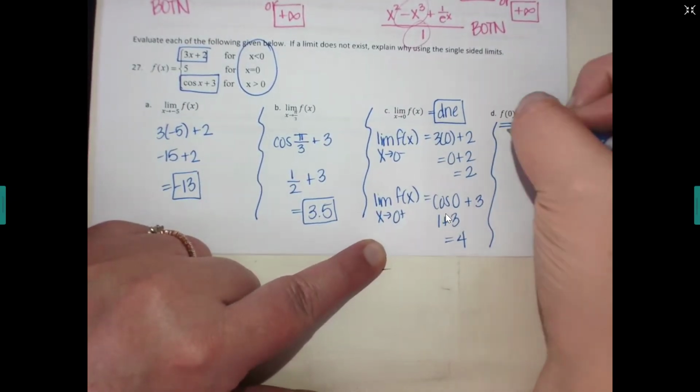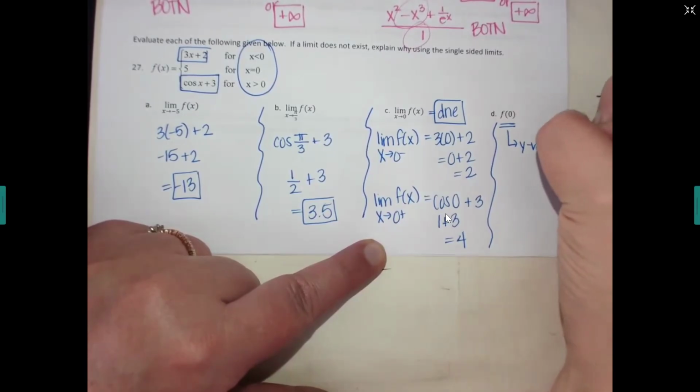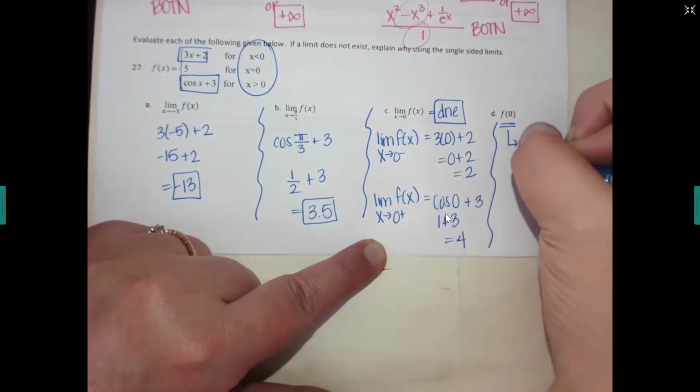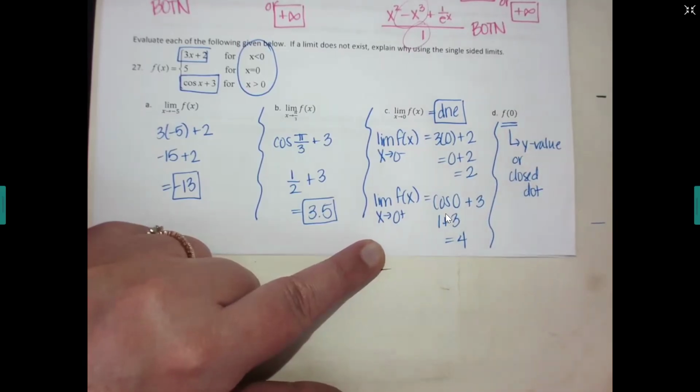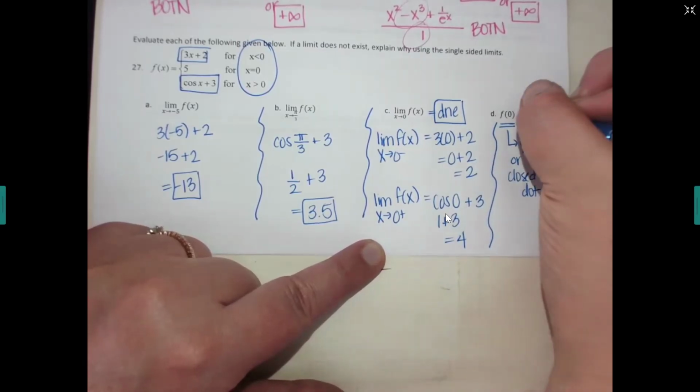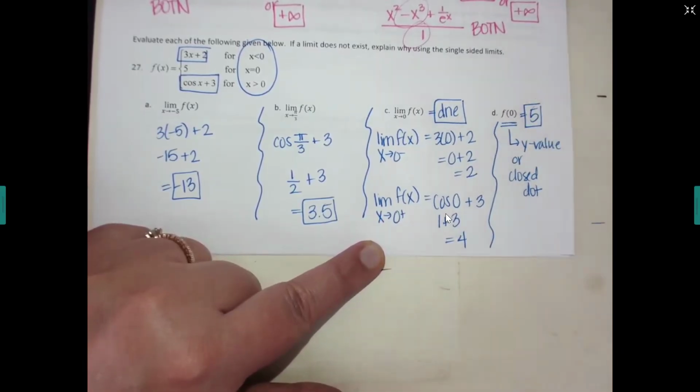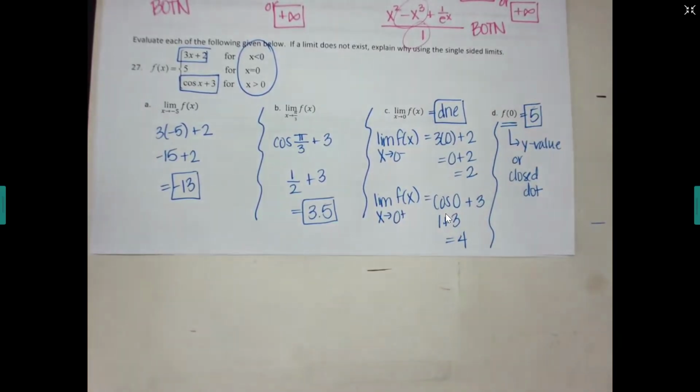That has to be a y value or a closed dot on the graph. And where would my closed dot be? What number? 5. Very good. Remember that if you have x equal to as its own piece, that's like a point that would be by itself. Go ahead and turn the page.